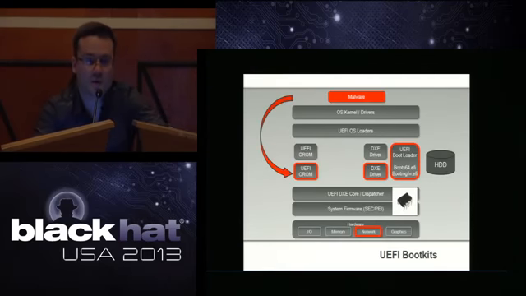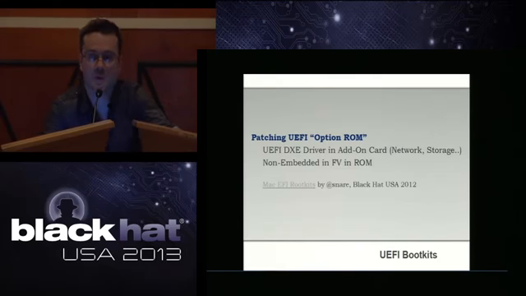The other option for UEFI bootkits is to replace UEFI-based option ROMs in one of the add-on cards, not embedded. Let's say a network card, which you can see in red here. It shows that the exploit first has to compromise the option ROM on that network card, and this option ROM will get loaded and dispatched by DXE. That was demonstrated by Snare last year at BlackHat on MacBooks.